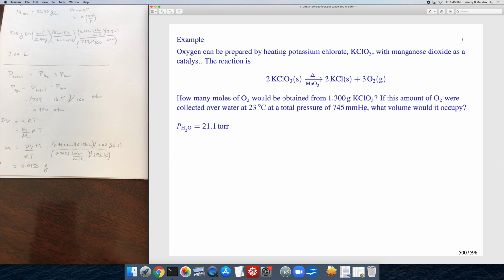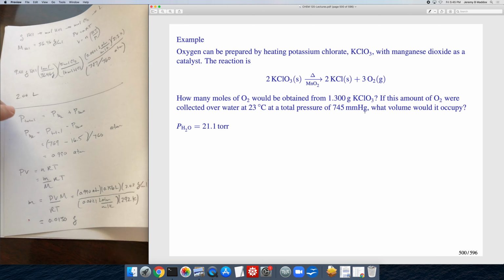They give us the mass of reactant, and then they want to know how many moles of O2 you can make from that, and if you collected that amount of O2 over water under these conditions, what would be the volume of the product that you measure. It's a little different, so why don't we go ahead and do that one.